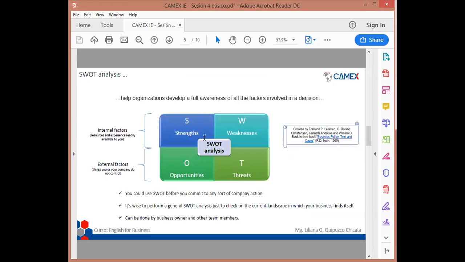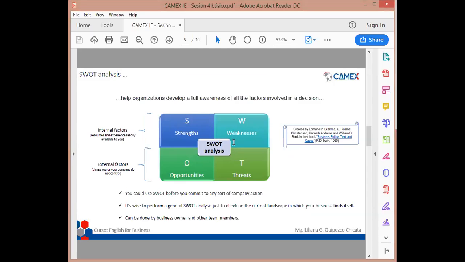The S is for strengths, the W is for weaknesses, the O is for opportunities, and the T is for threats. So if you see this word SWOT analysis, you will easily remember each part of the SWOT analysis. S for strengths, W for weaknesses, O for opportunities, T for threats, and SWOT.